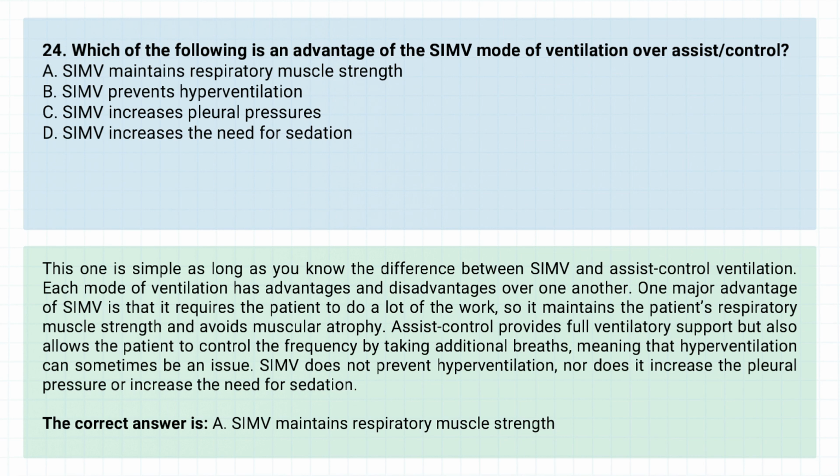Assist control provides full ventilatory support, but also allows the patient to control the frequency by taking additional breaths, meaning that hyperventilation can sometimes be an issue. SIMV does not prevent hyperventilation, nor does it increase the pleural pressure or increase the need for sedation. So that means we know that the correct answer has to be A. SIMV maintains respiratory muscle strength.